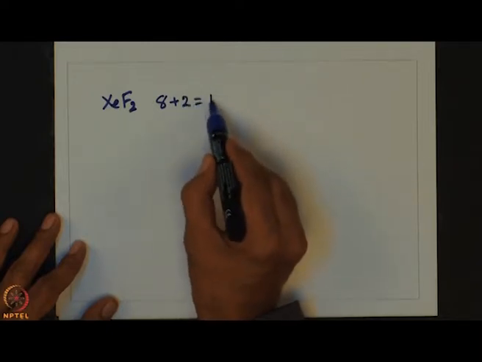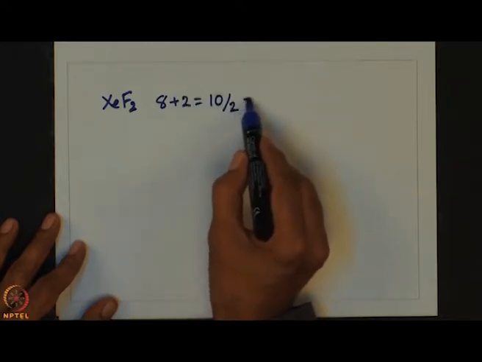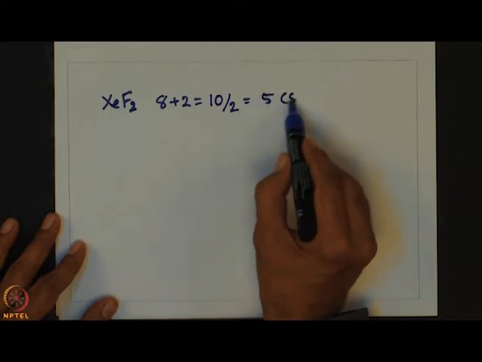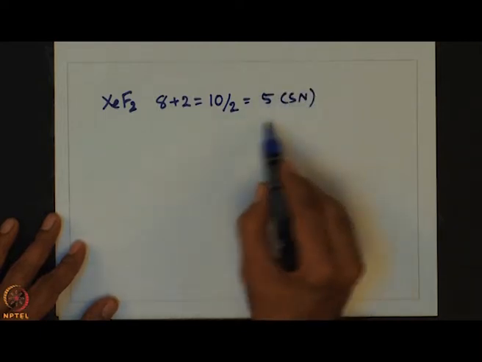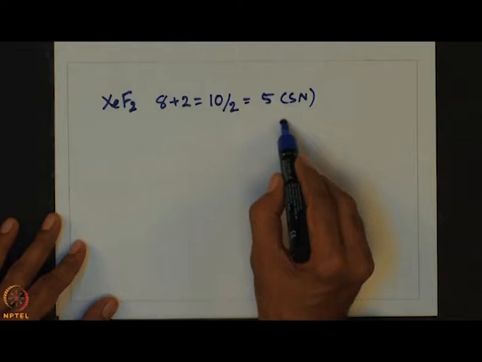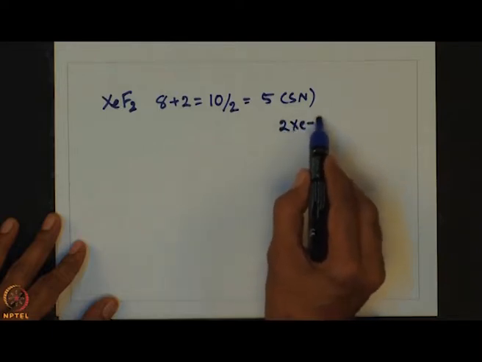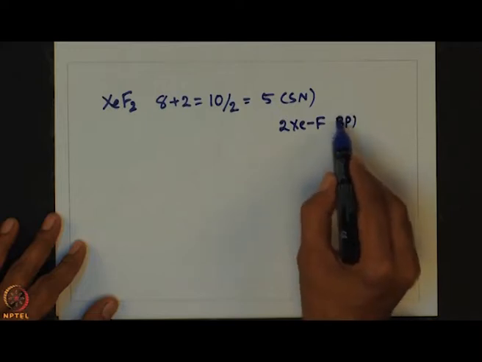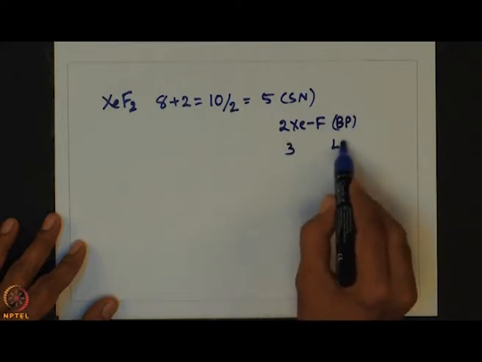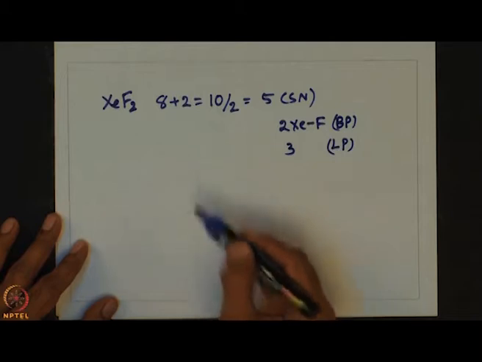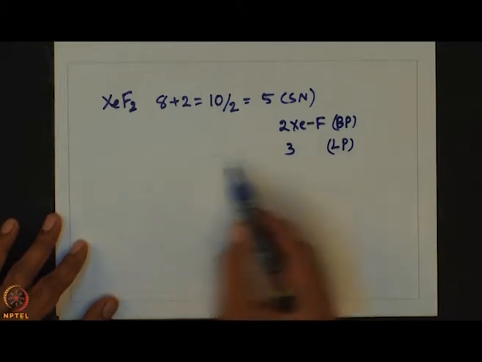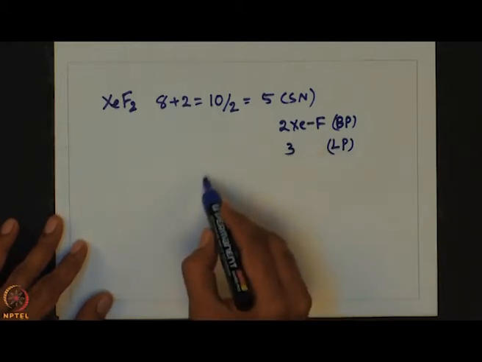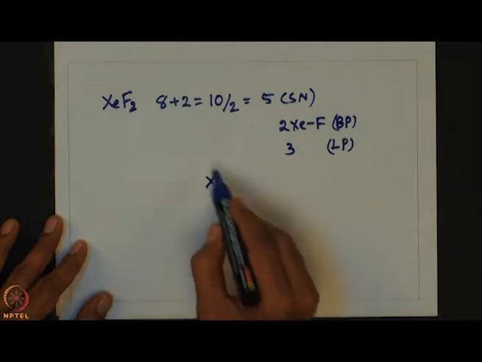So, we have again 10 electrons, 10 divided by 2 equals 5 is the steric number, and in this case we have 2 Xe-F bonds, these are bonded pairs, and 3 lone pairs are there. So, the geometry is again trigonal bipyramidal, Xe at the center.